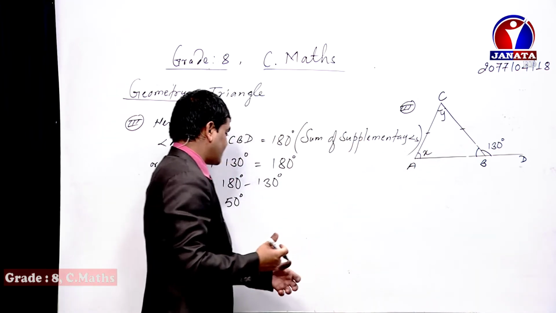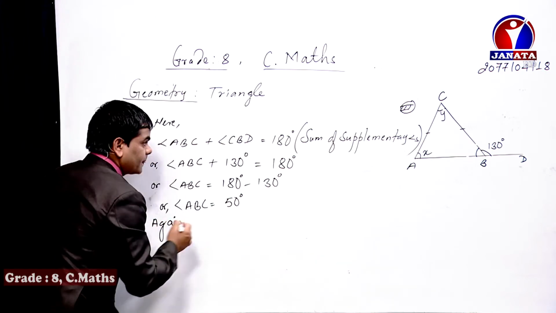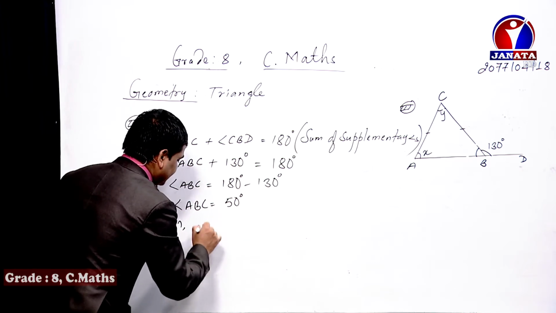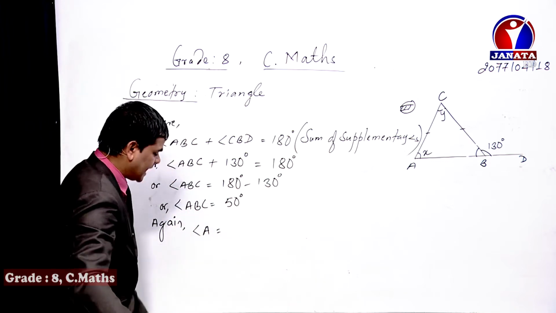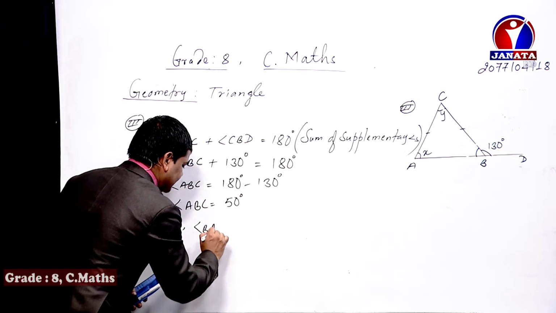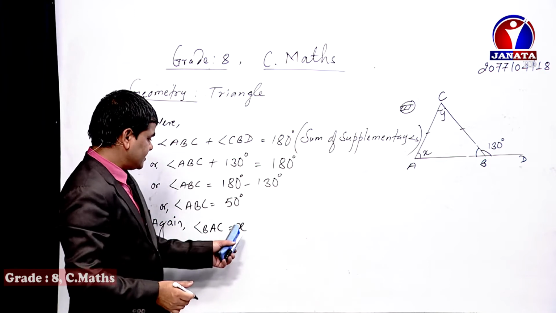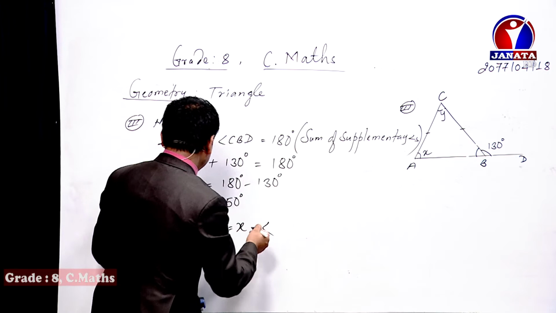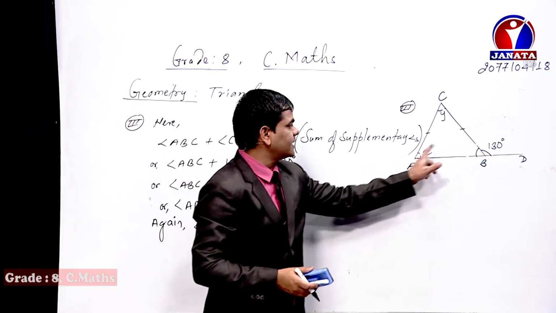So let's write that one. Angle A, or directly you can write x also. Angle A, you can also write in triple letter form, angle BAC, which is x, in the variable term, equals angle ABC.